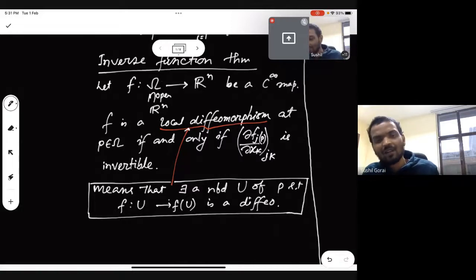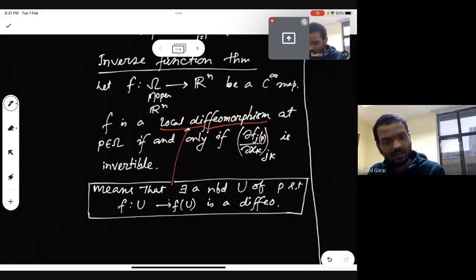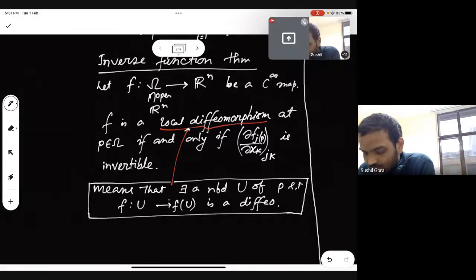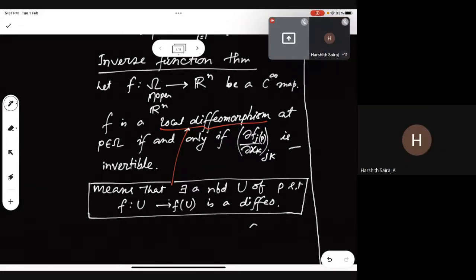If it is a C2 map and you are looking at its restriction as a diffeomorphism, then it's a C2 diffeomorphism. So the inverse function theorem gives back the amount of smoothness you take, in the inverse also. Does that answer your question? Yes, sir.